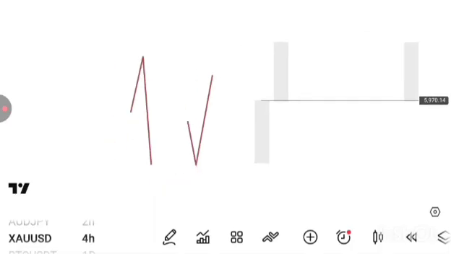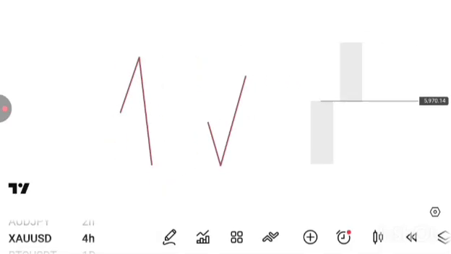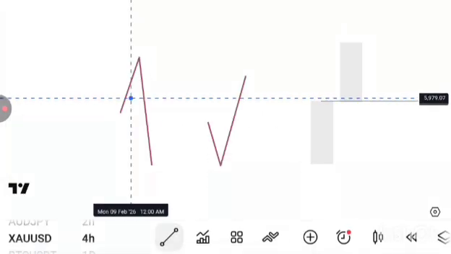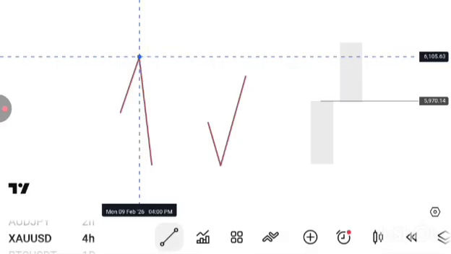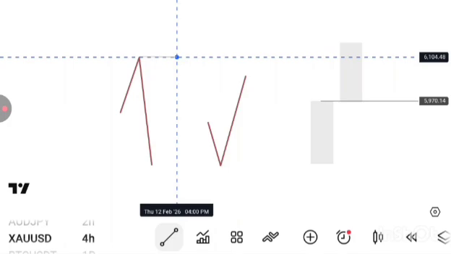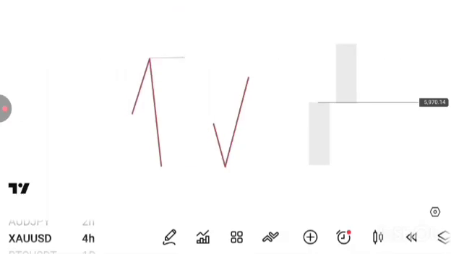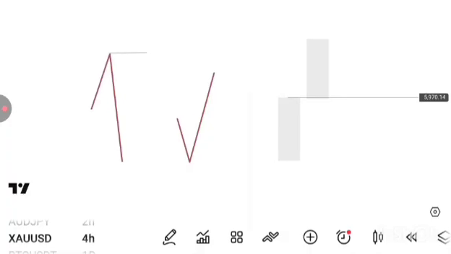For the A-shaped key level, before I say what it is used for, let me correct myself.